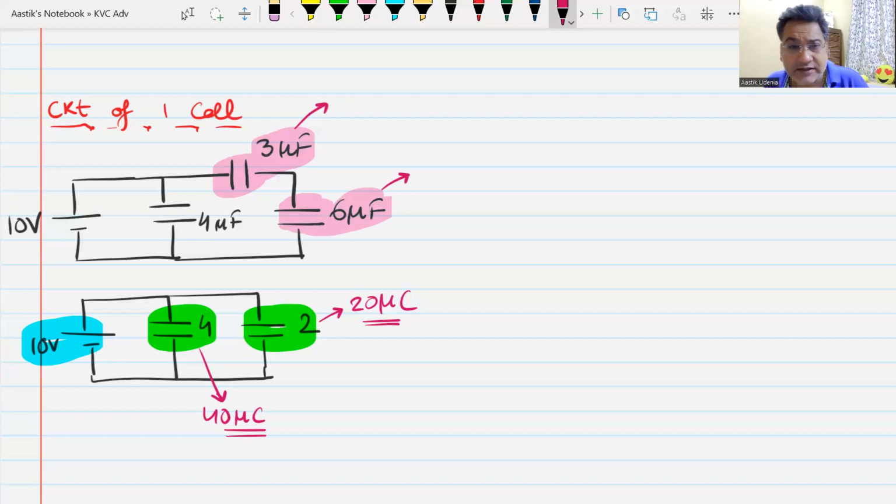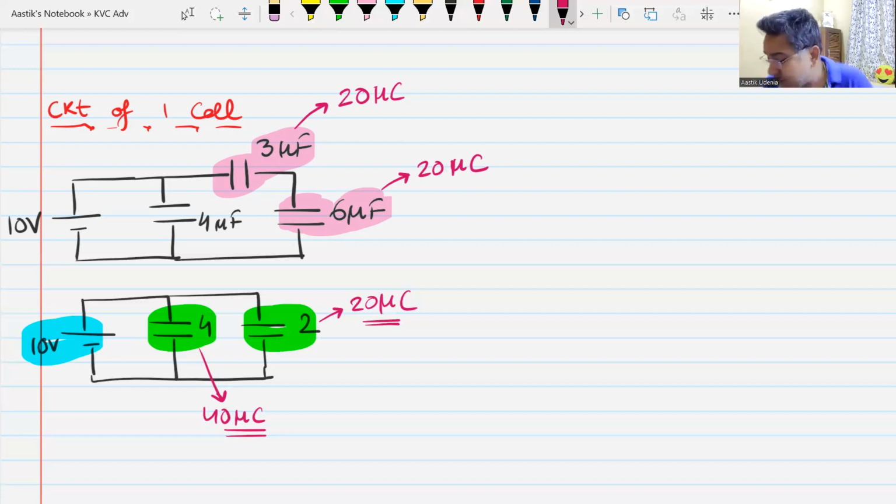Both these capacitors are in series, so charge is same. Charge on this one will be 20 microcoulomb and charge on this one will be 20 microcoulomb. Same. Capacitors are in series.